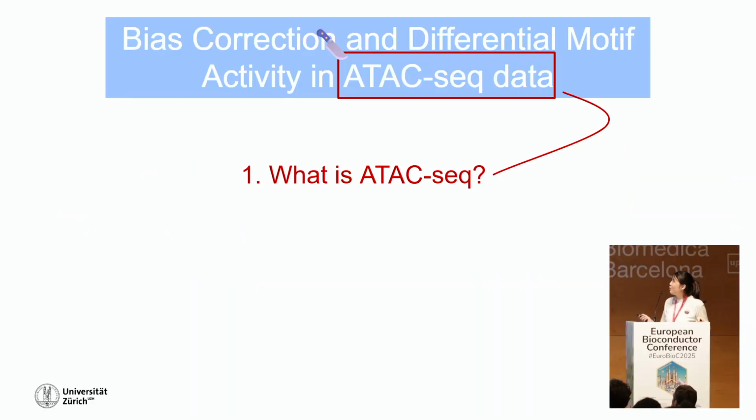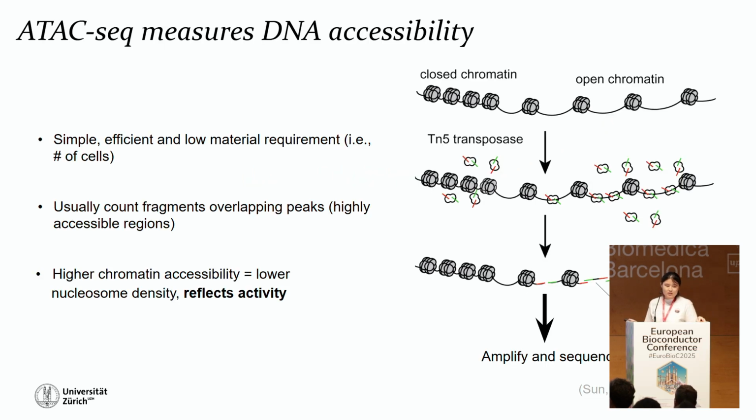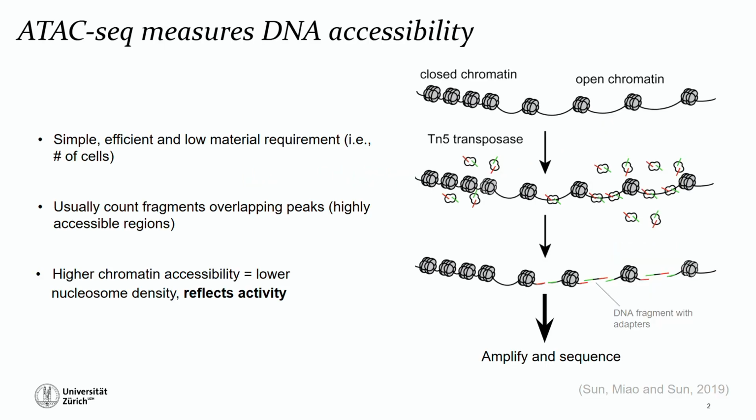So first, what is ATAC-seq? The rationale of ATAC-seq is to sequence the open chromatin regions. In ATAC-seq, the genomic DNA is exposed to Tn5, which is a highly active transposase, and Tn5 will fragment DNA and insert preferentially into the open chromatin regions, and then add the sequencing primers to the fragments.